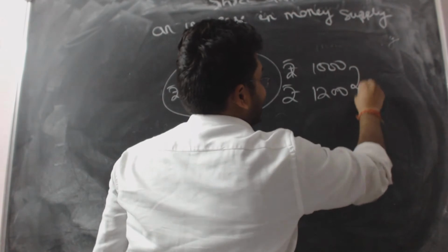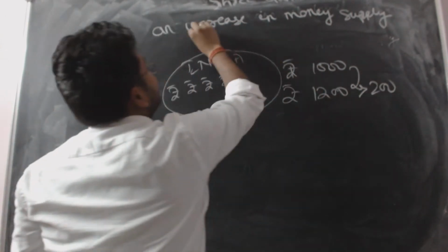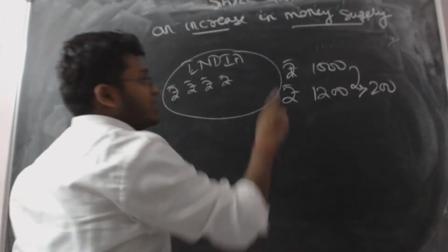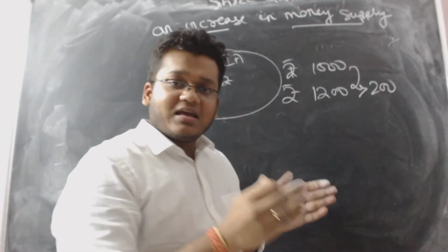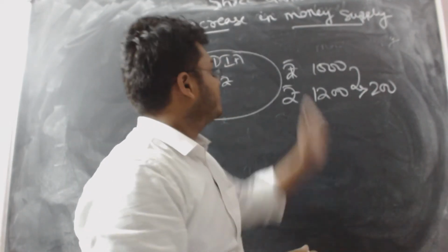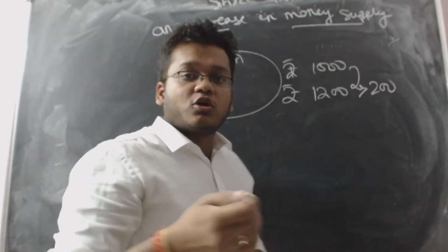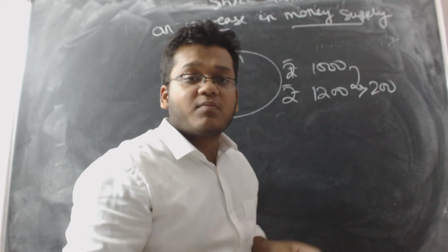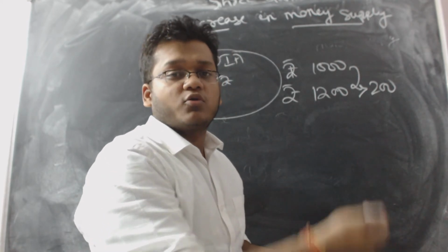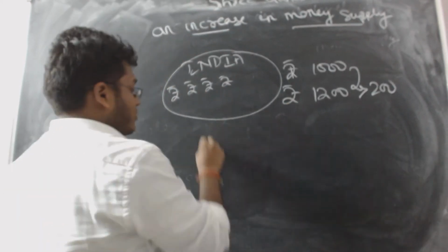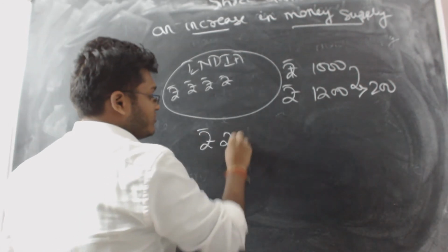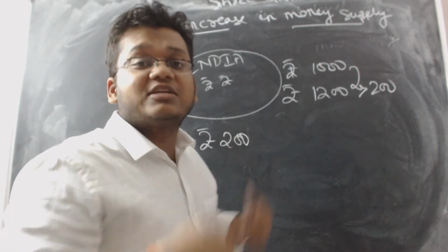So this extra 200 signifies an increase in money supply. Everybody has certain commodities to demand with the money that they have. Now with this extra 200 rupees, your purchasing power will increase.